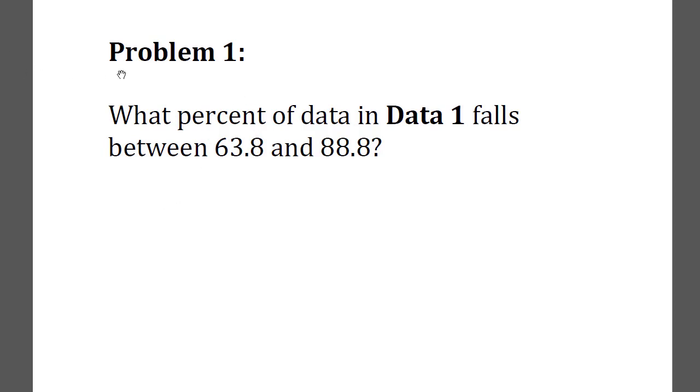Let's have a look at problem number 1. It refers back to data 1 that we have been working with, and it asks what percent of data in data 1 falls between 63.8 and 88.8.